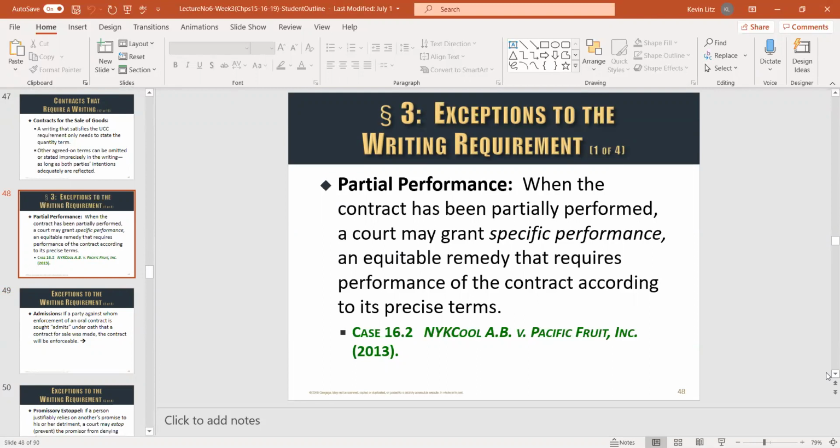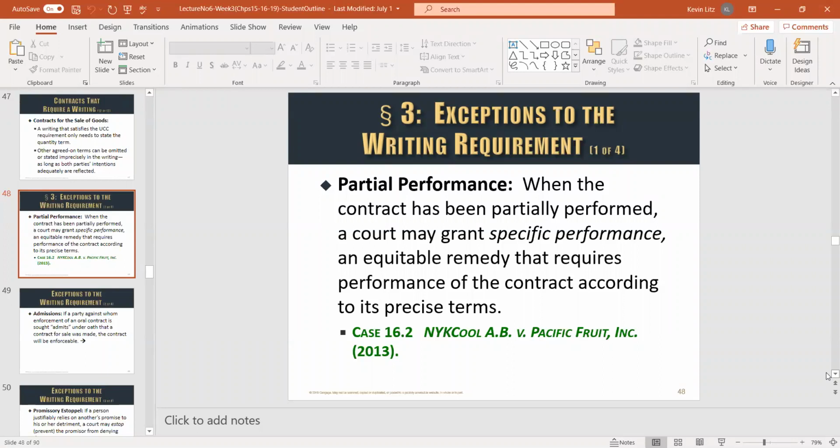Certain exceptions to the writing. In other words, the court could say, yeah, usually such and such type of contract has to be in writing. However, in this instance, I'm not going to require the writing. One of those exceptions for the judge is because somebody's already started performing the contract.